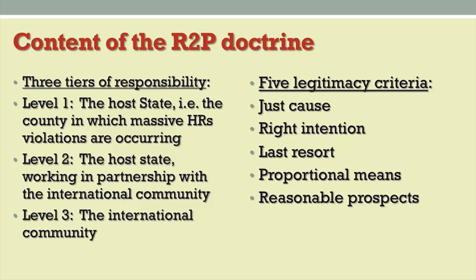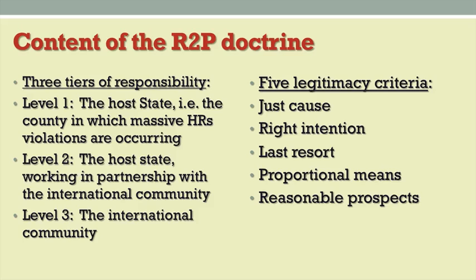It should be done genuinely to stop ongoing or imminent widespread human rights violations. It should be a matter of last resort when other mechanisms to attempt to prevent those violations or stop them were unsuccessful. And the measure itself needs to be proportionate and have a reasonable chance of success.